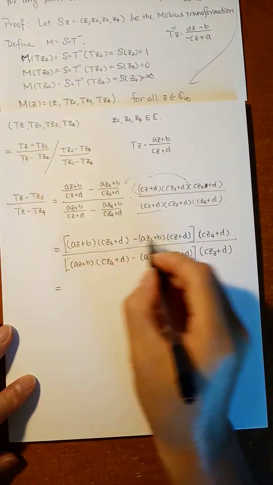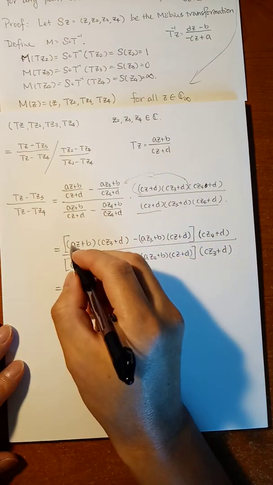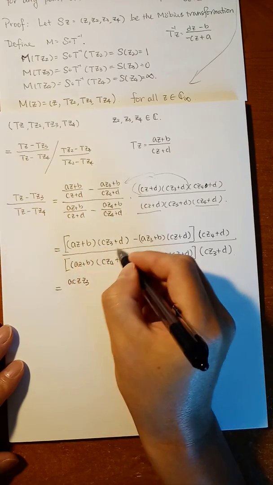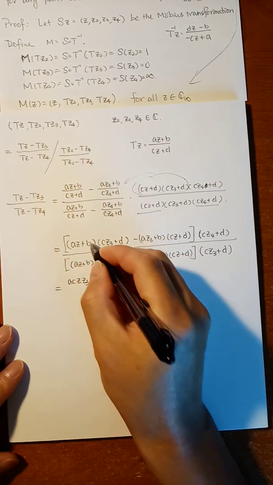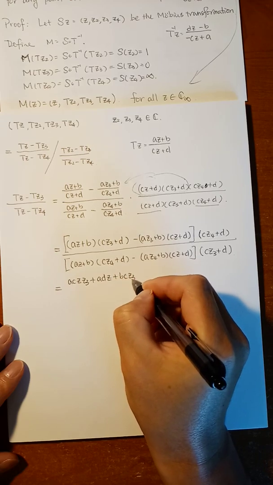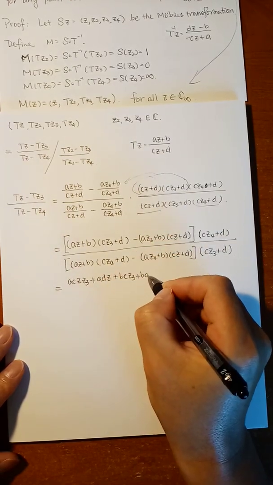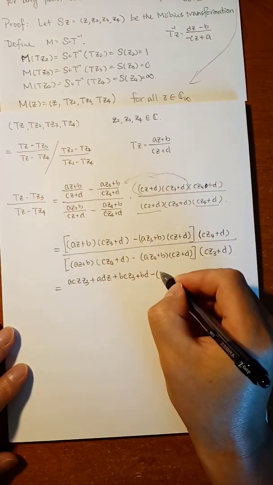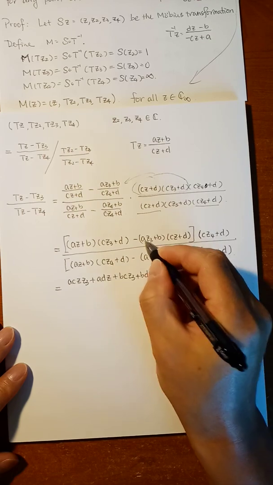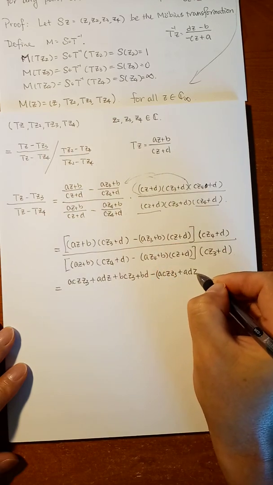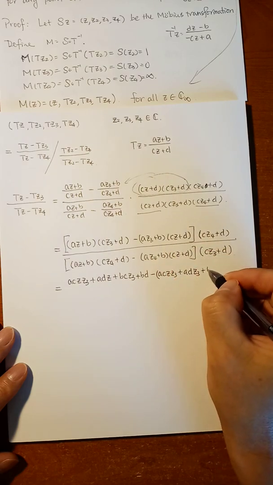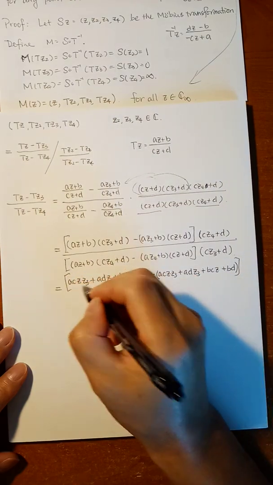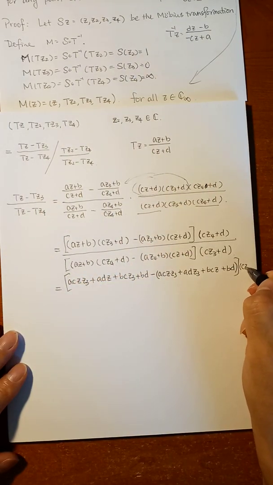Well, after that, just plain computation. So acz z3, adz, bcz3, and bd. This is the first four terms, minus acz z3, adz3, and bcz, plus bd. It's a difference, and then times (cz4 plus d).